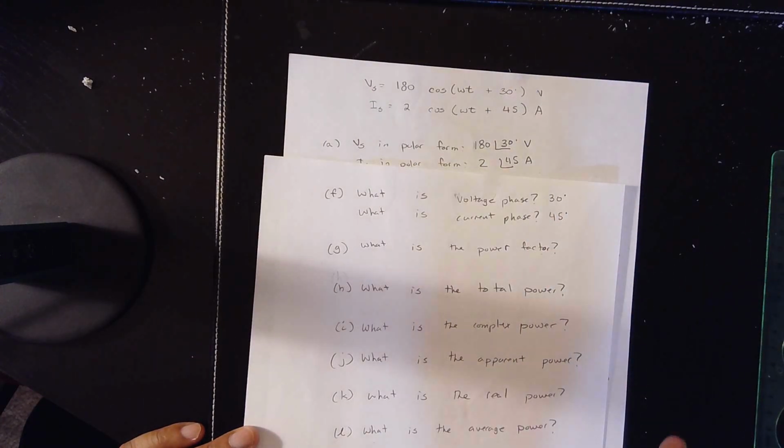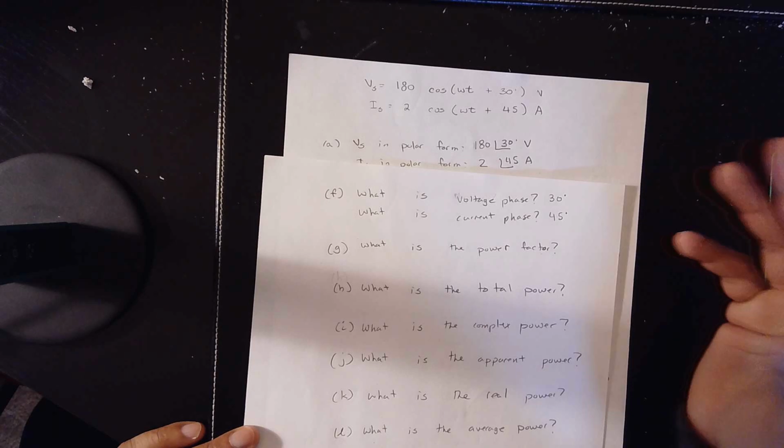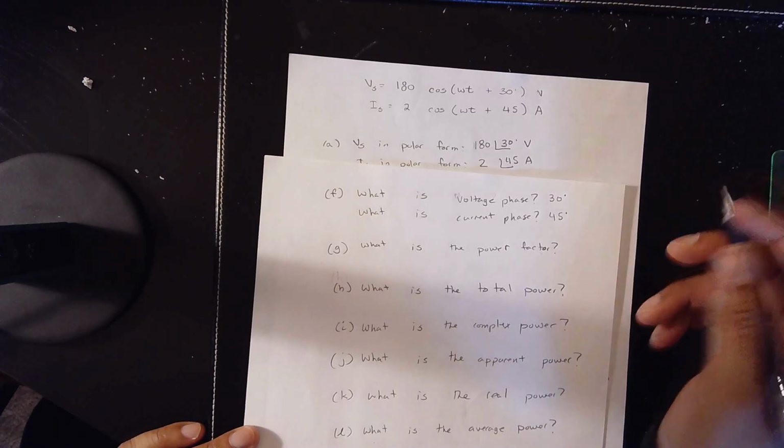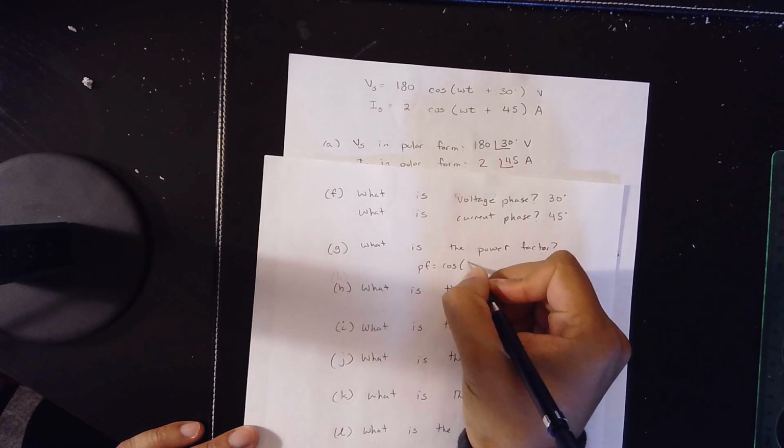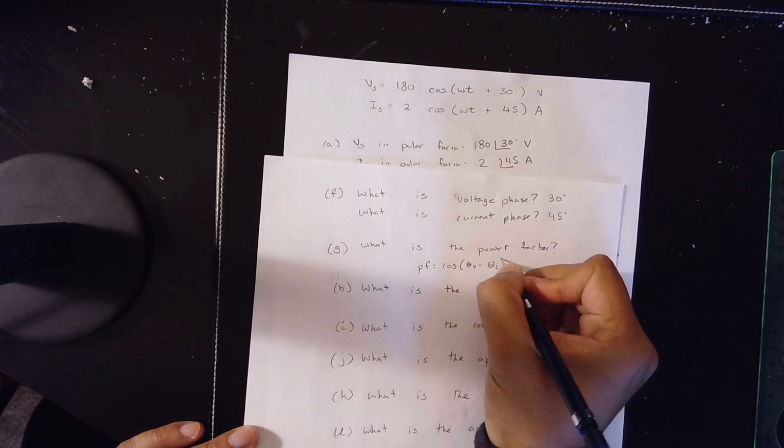What is the power factor? Without the phase, you do not have the power factor. That's why I'm asking you these kind of questions. Your power factor is cosine of this minus this.